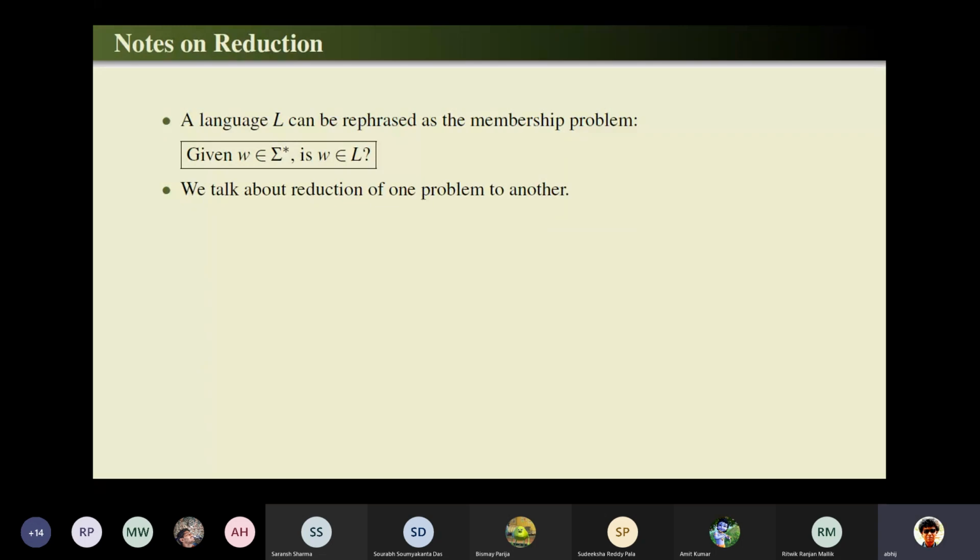And we talk about reducing one language to another, but usually we say reducing one problem to another problem, with this identification of problems with languages.